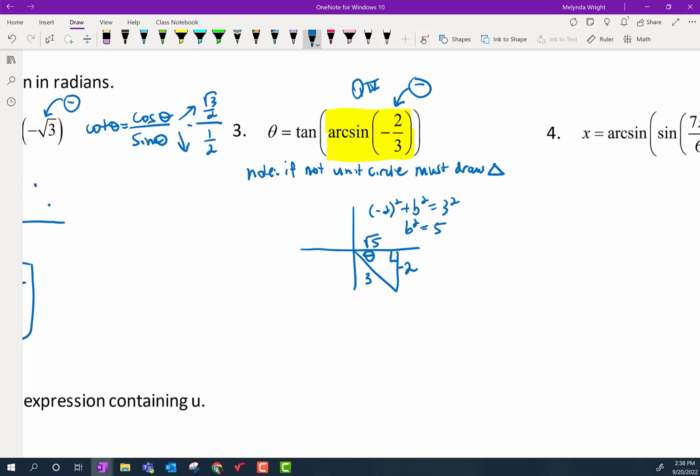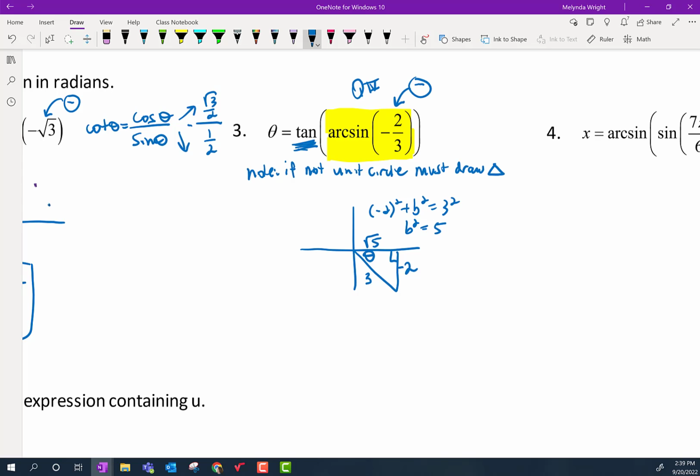So all the work that we have done has been focused on the inside part where arcsine is negative 2/3. And we have drawn that picture to represent the yellow. Okay? Now our job is to read tangent off of this triangle. Why are we reading tangent off the triangle? Because this is tangent of the triangle.